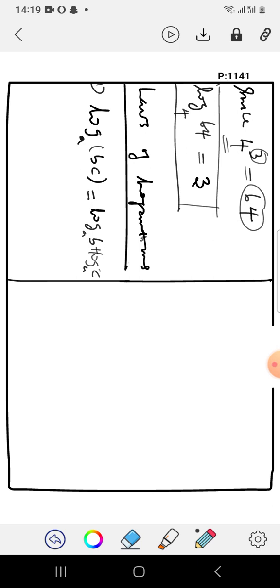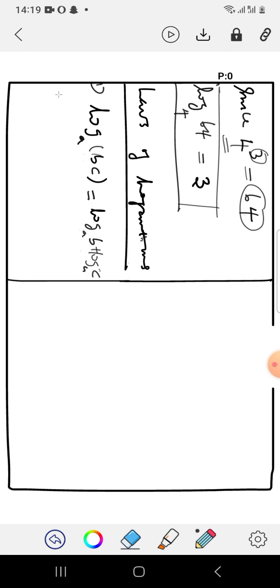What he's saying is that the logarithm of a product is actually the sum of the individual logs of what you multiply. That's what it's saying.